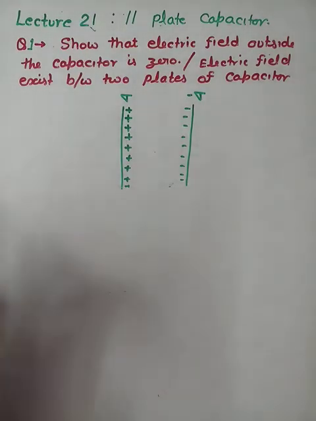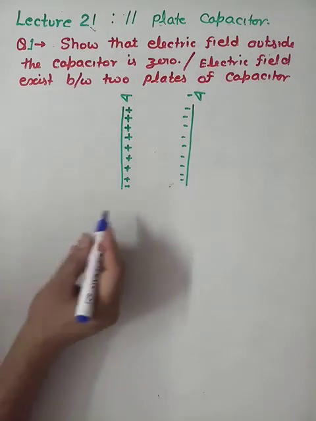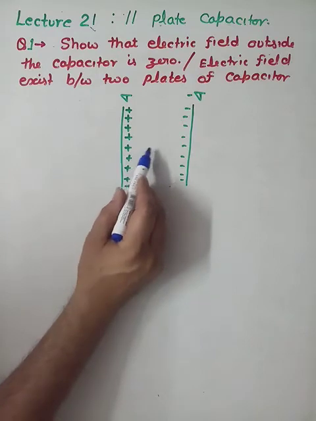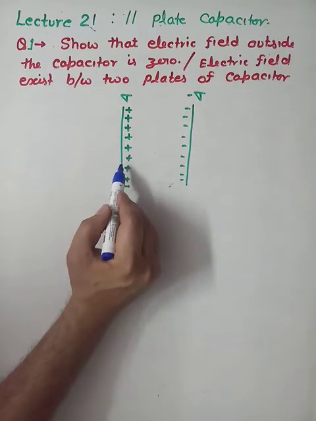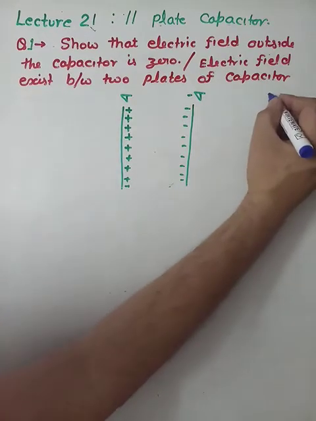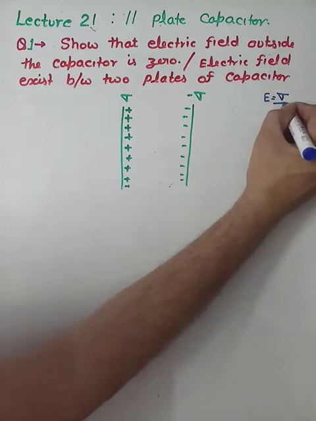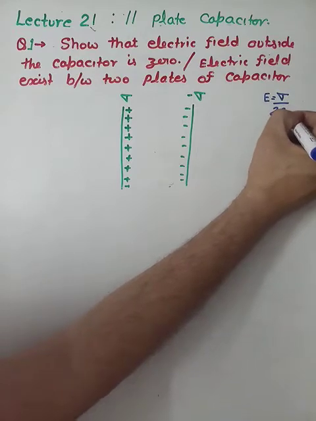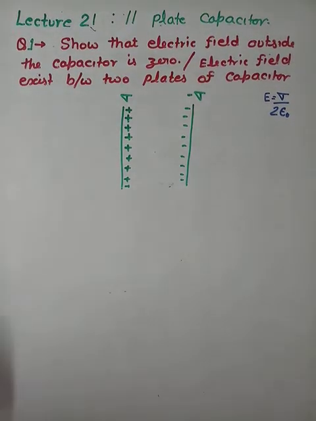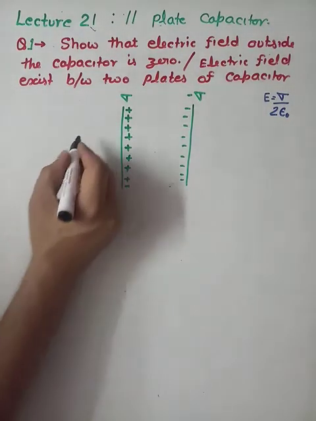We have shown in our previous chapter that electric field on any side due to a charged plate is given as E is equal to sigma upon 2 epsilon naught, and it is independent of the distance. Suppose we consider 3 points.